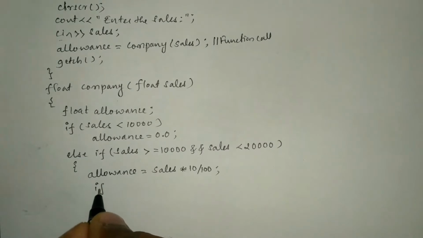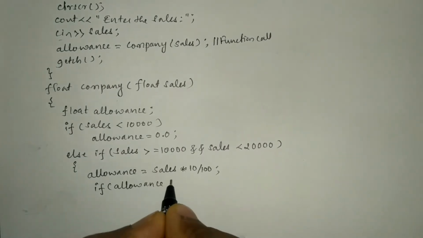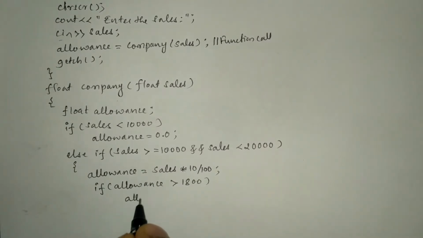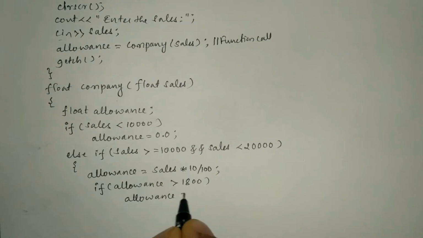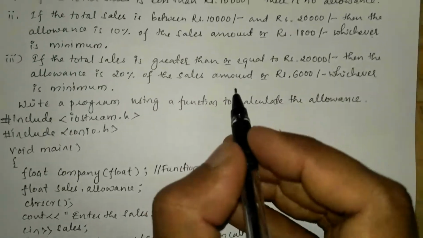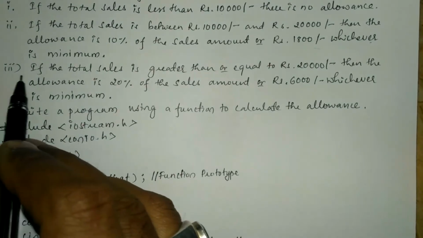Next we have to check if allowance is greater than 1800, then allowance must be equated with 1800.00 only, because in the question itself they have given whichever is minimum, right? So next we'll go for the third condition.